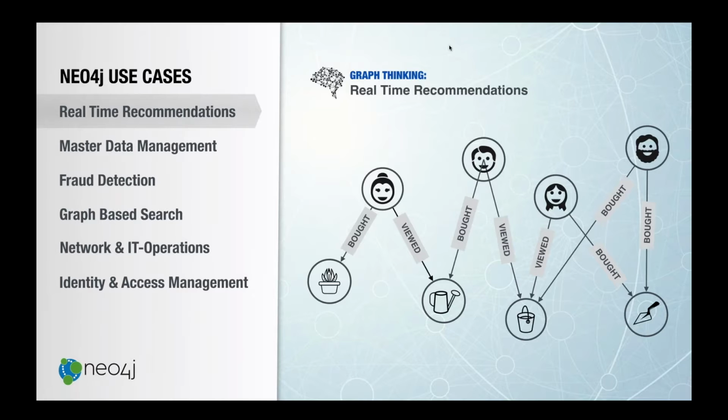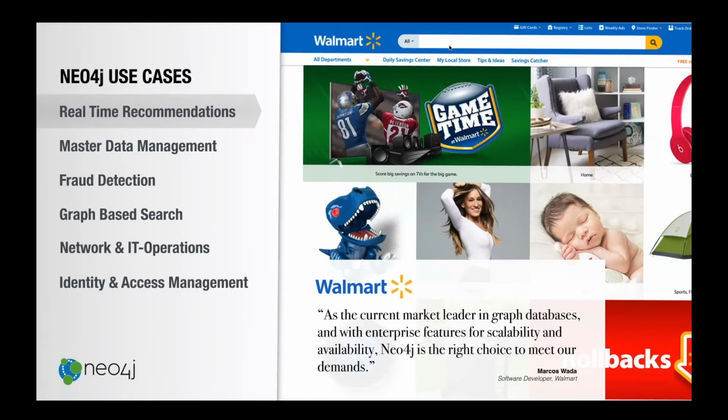So if we think about modeling customers and the products that they've purchased as a graph, we're able to traverse the graph to answer questions like, what products might someone who viewed this potting soil be interested in purchasing? And Walmart uses Neo4j for exactly this use case.